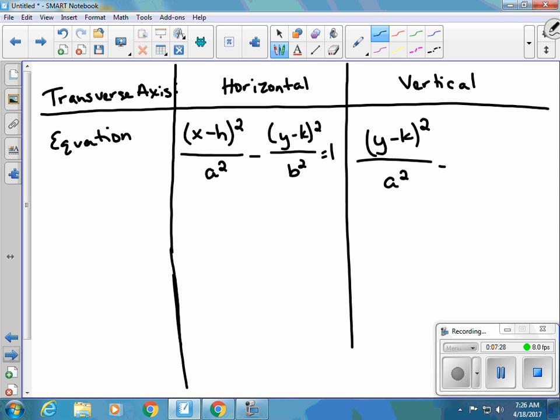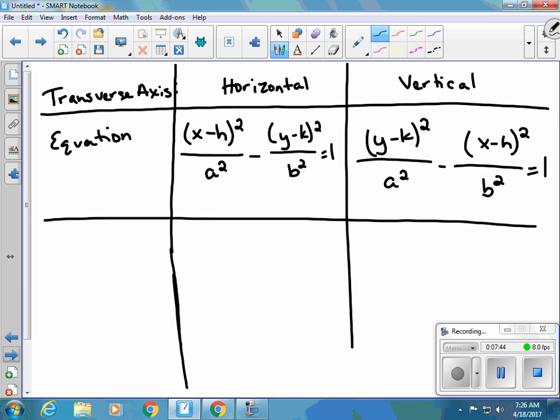Sorry, my fault. And the reason why you can't shift those, silly me, is because you're subtracting. So the larger A value has to be connected with the left side because that's the larger value. If we were adding, we would have that switch, but because we are subtracting, we need to have that switch. Our center is still at H comma K for both of these.